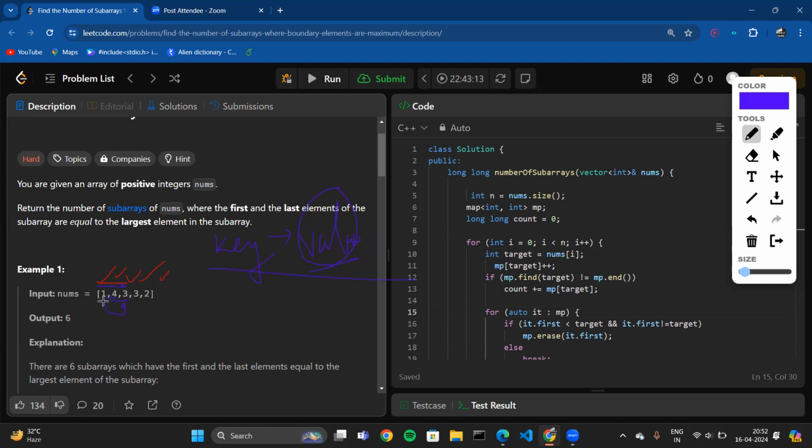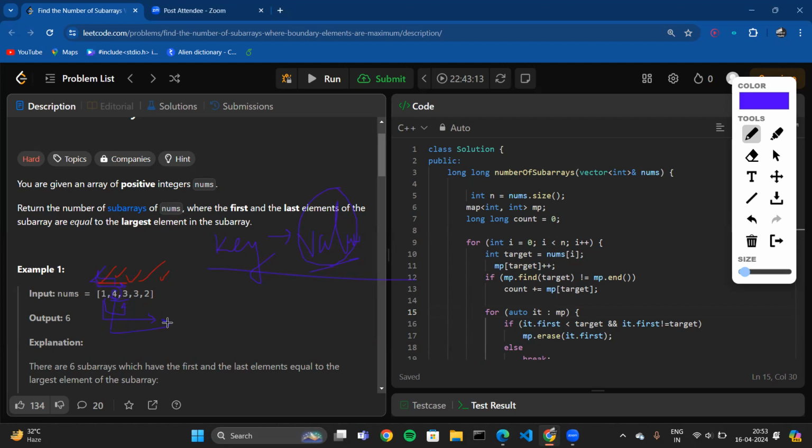What I can do is, while traversing from left to right, if I find that previously there is a smaller element in the map, then I am sure that element will act as an obstruction, because now let us say I am starting at 4.